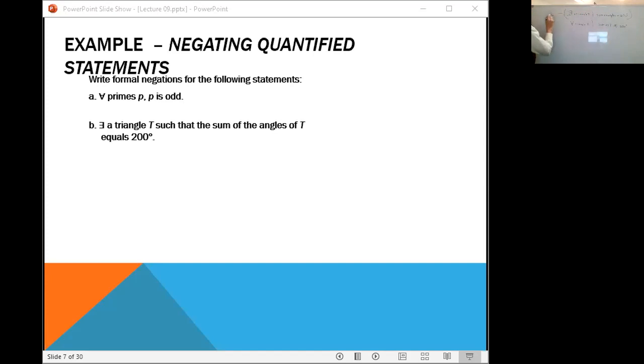This is B. And here's A. And the first one is for all primes P, P is odd.